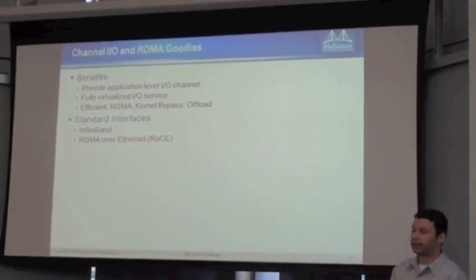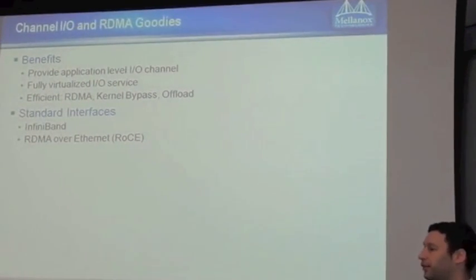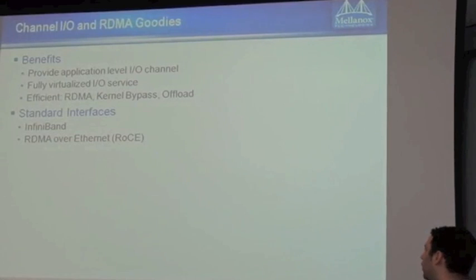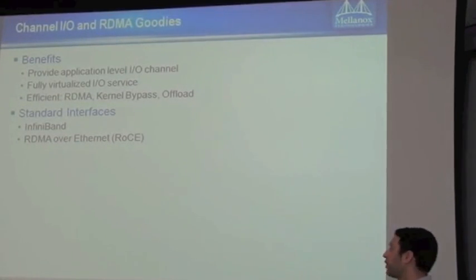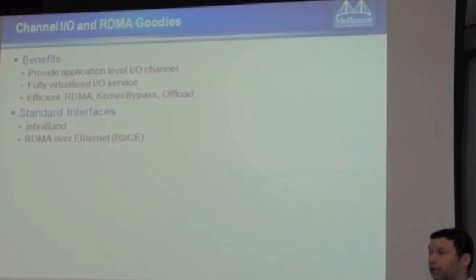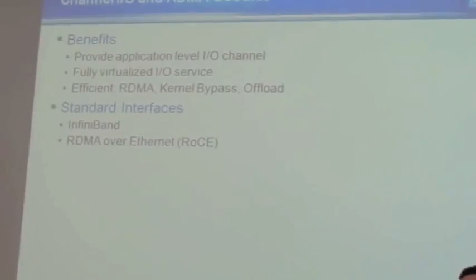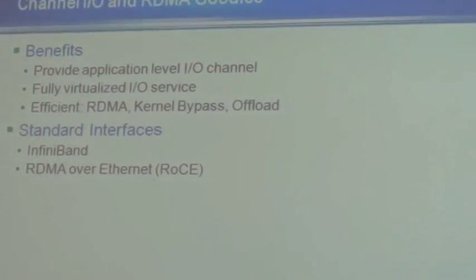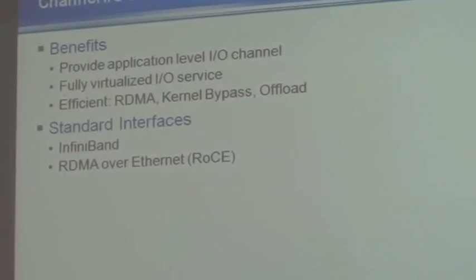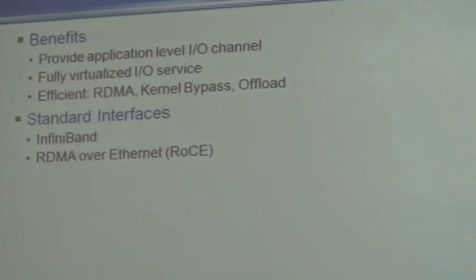So applications can directly access the hardware and send and receive data. That can run in a regular environment where you have different processes, or in a virtualized environment where you have processes inside virtual machines, inside a hypervisor domain. Basically, you just virtualize the I/O service and the hardware performs the segregation between the different channels.